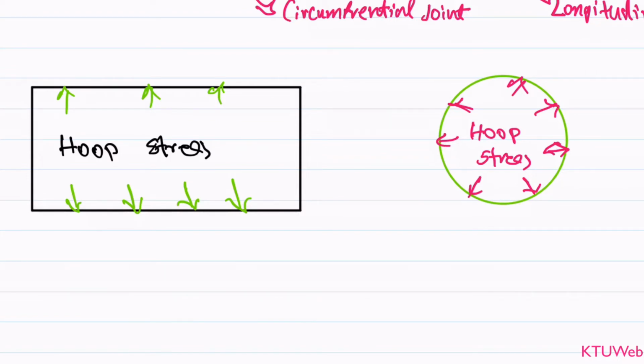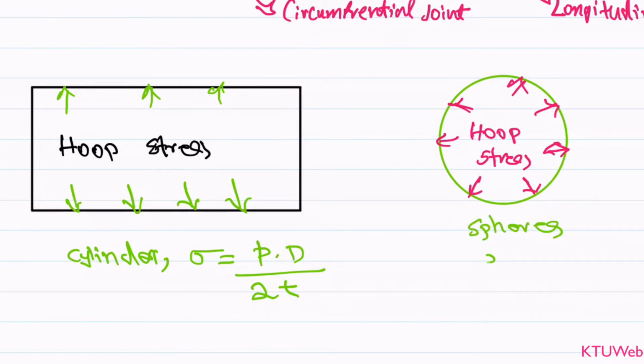In the case of a cylinder, the hoop stress sigma is equal to the pressure inside the container times the diameter of the container, divided by 2 times the thickness of the plate, sigma = PD/2t. And similarly for spheres, sigma = Pd/4t. So these are two governing equations which give you an idea about how much stress will be developed within the container.